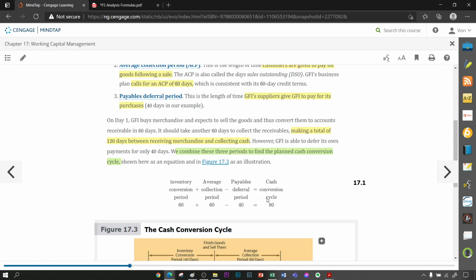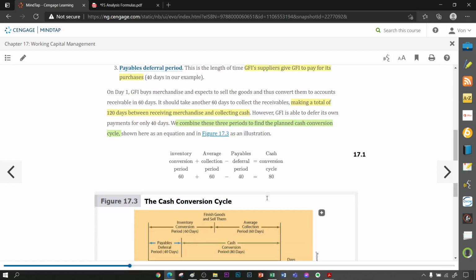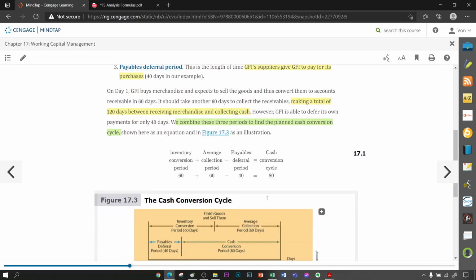Yan nga yun. Then, it should take another 60 days to collect the receivables, making a total of 120 days between receiving merchandise and collecting cash. Yan yun. Kasi hindi nasusulatan yung ebook natin eh. Sayang naman. Ayan, no? Yung 60 days na una, ito.